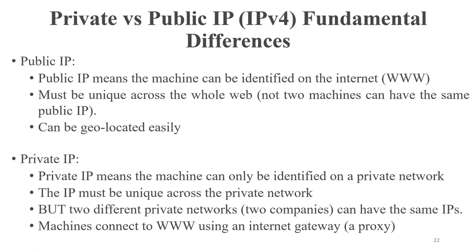Machines connect to the www using an internet gateway. How do we get it? The internet gateway is the gateway. Suppose in our home network we need internet Wi-Fi; we approach an internet service provider, like Airtel or ACT Fibernet or Jio.